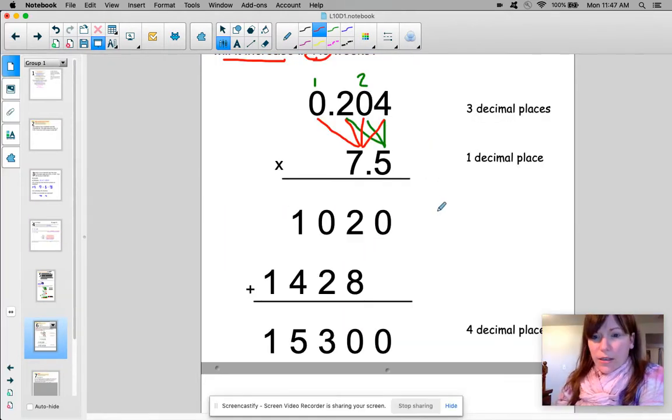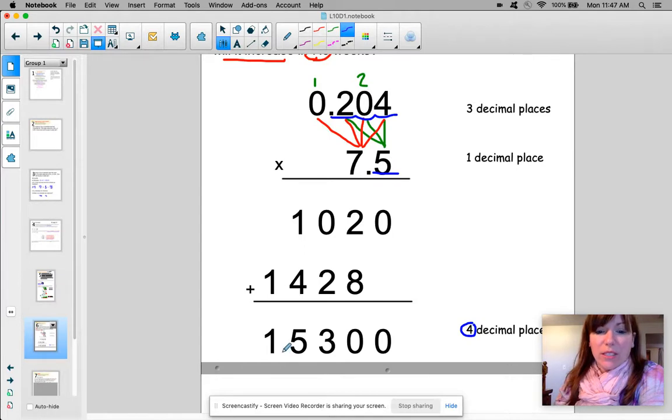So you can see that I have everything pretty much done with this problem except for the decimal point. So I counted decimal places in my first number and got 3. You can see that over there. And then 1. That means in my answer, I need 4 decimal places to the right of that decimal point.